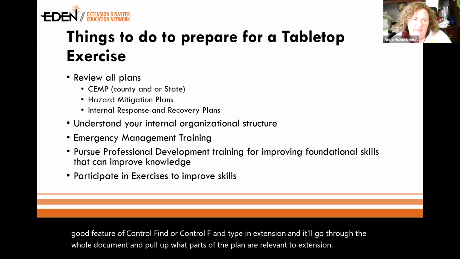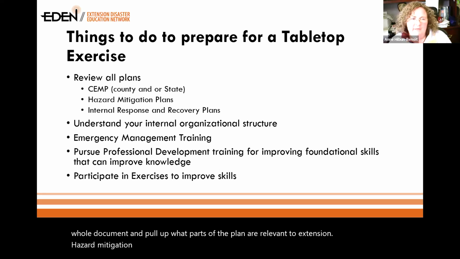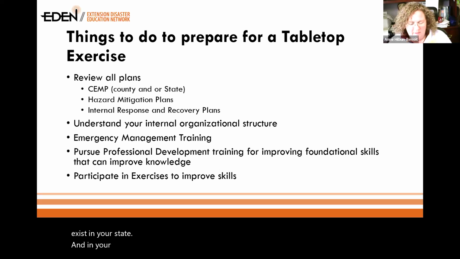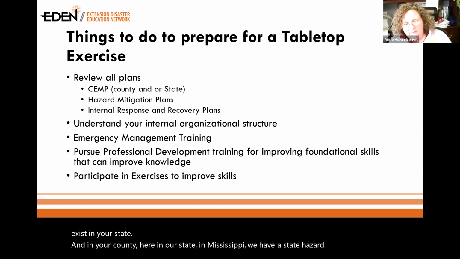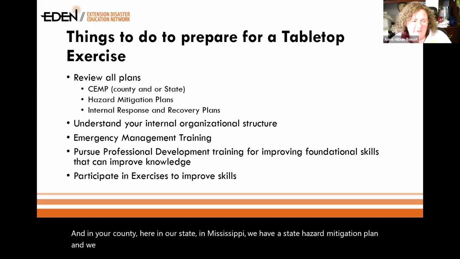Hazard mitigation plans. These plans are fantastic at outlining the different hazards that exist in your state and in your county. Here in our state, in Mississippi, we have a state hazard mitigation plan, and we have county hazard mitigation plans, and then it's also done regionally as well.